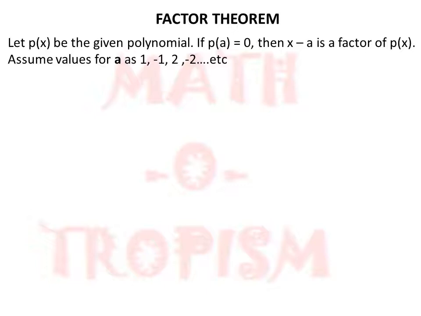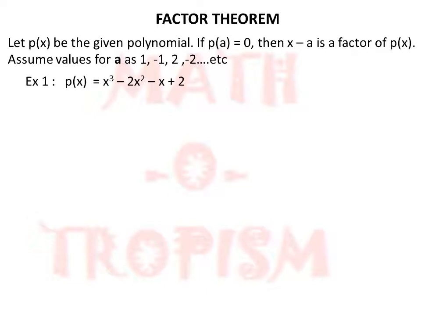Similarly, p of a is nothing but the remainder. So when I am taking x minus a as my divisor, then my remainder will come to 0. To easily find whether the remainder is 0 or not, we substitute the value in the given polynomial, and then we will be getting it as 0.